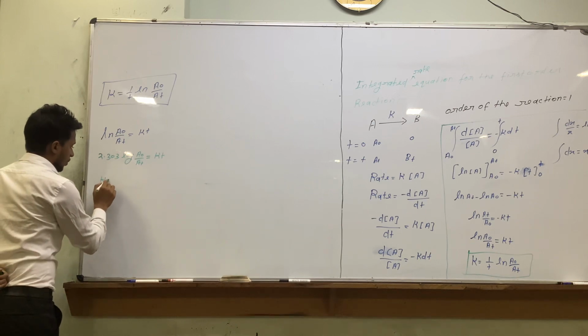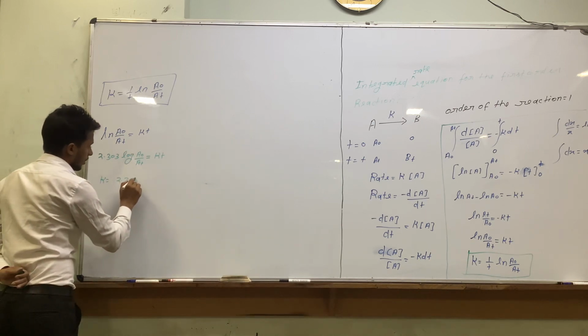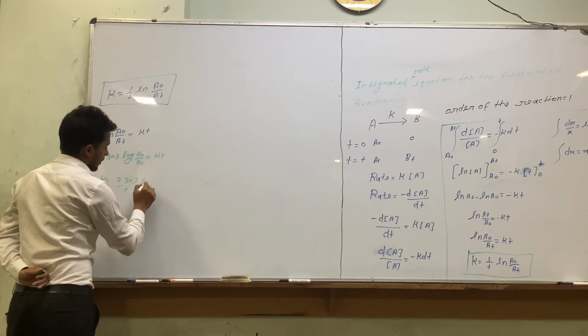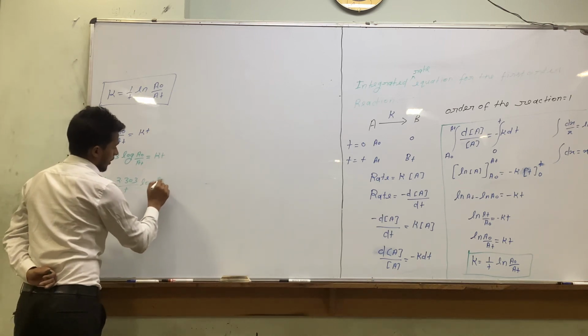So k is equal to 2.303 by t log A naught upon At.